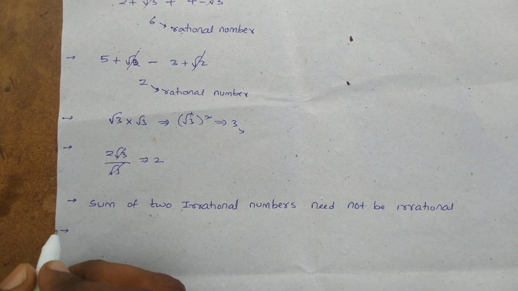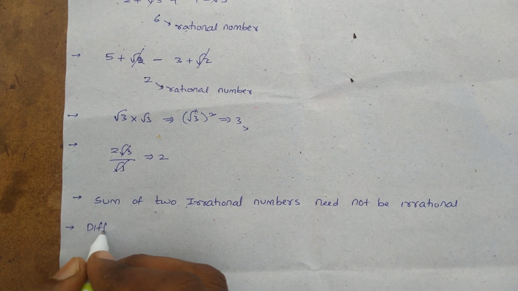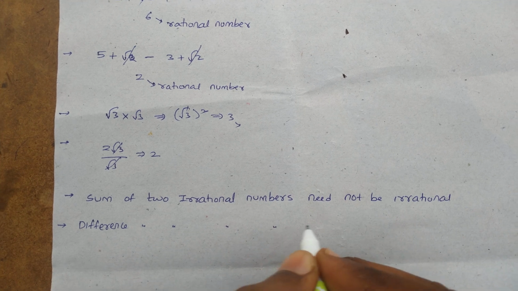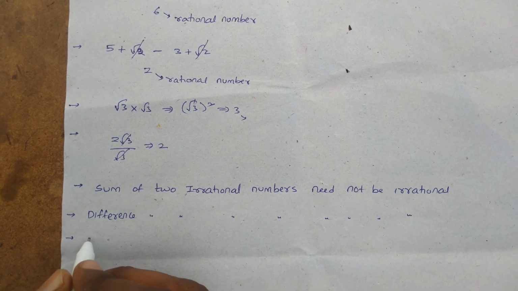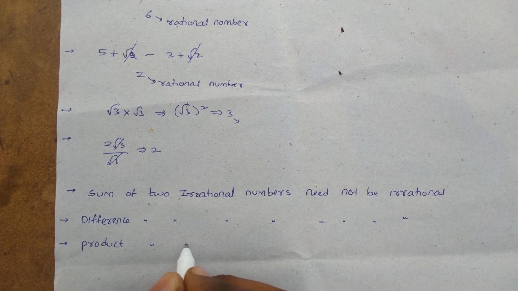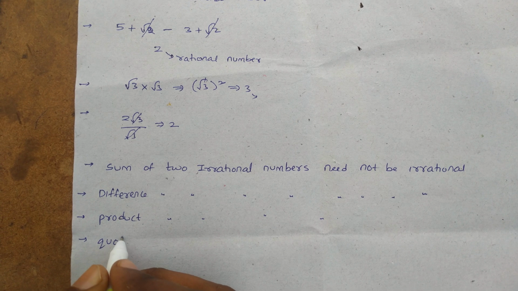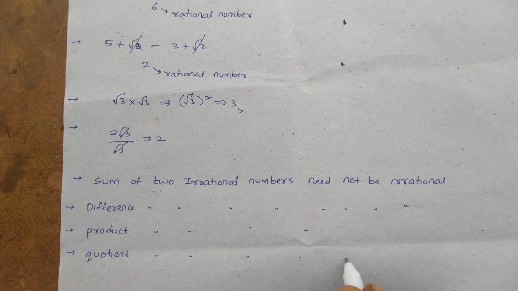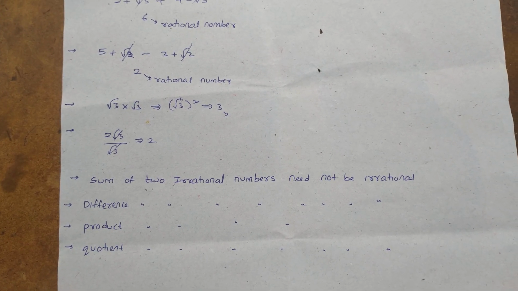At the same time, the difference of two irrational numbers need not be irrational. The product of two irrational numbers need not be irrational, and also the quotient of two irrational numbers need not be irrational. So these are the 4 different properties you have to remember.